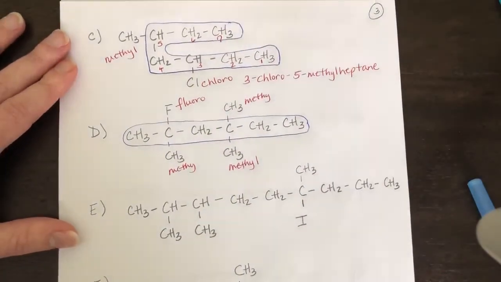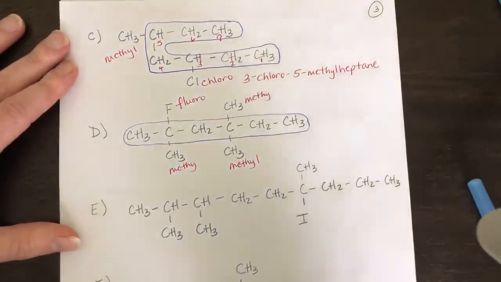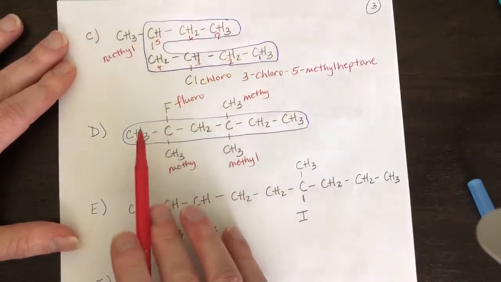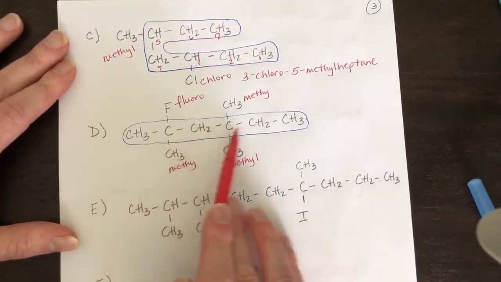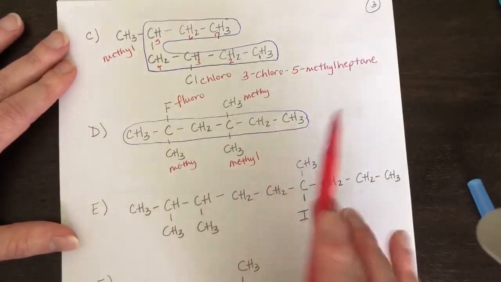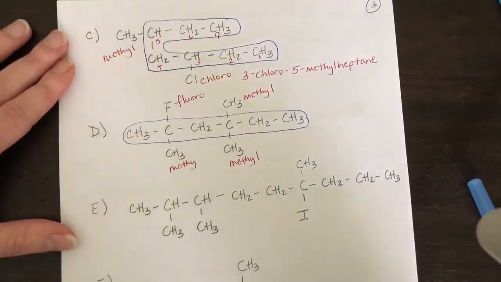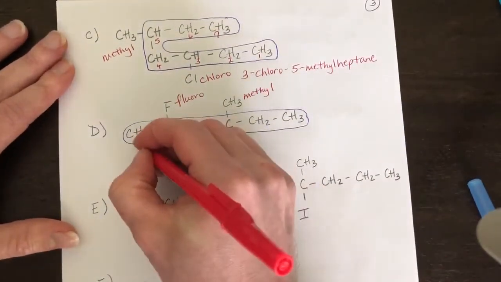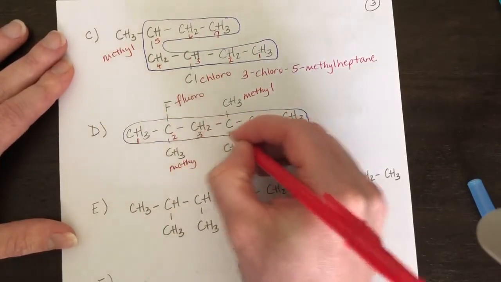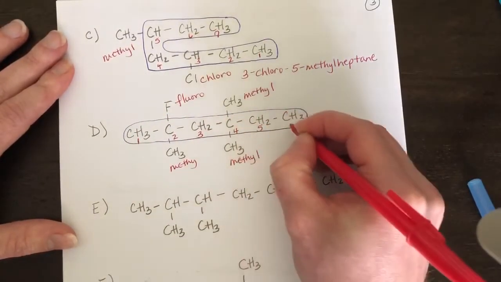Now I got to number this to where you get the lowest numbers possible. So my lowest numbers possible are going to go from this direction, 1, 2, 3, 4, 5, 6. If I went from this direction, it'd be 1, 2, 3. Okay, so you want to get the lowest numbers possible. So 1, 2, 3, 4, 5, and 6.